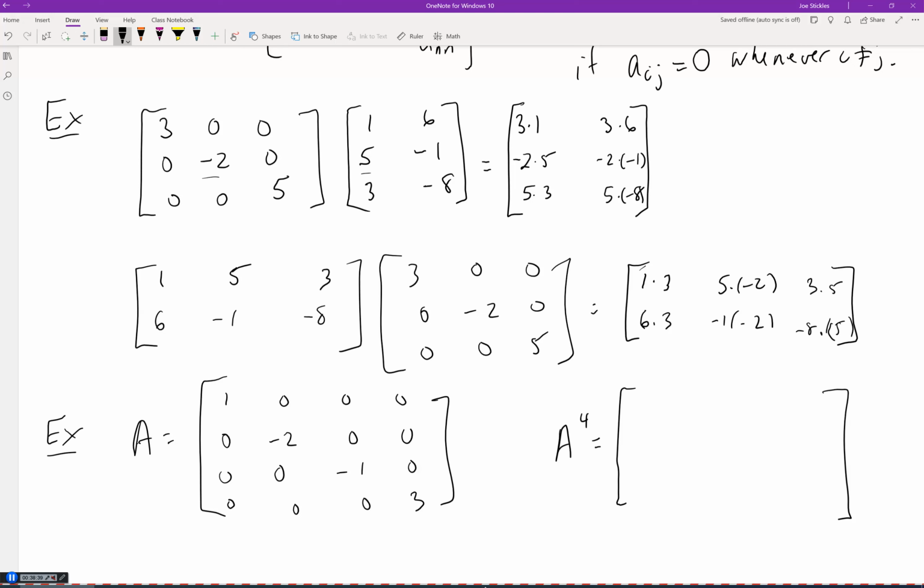So you just end up having to do powers of the diagonal. So this will be 1, 0, 0, 0, 0. What would you get? 16, 0, 0, because you get 2 to the 4th. You would get 0, 0, 1, 0, because -1 to the 4th is 1. And 0, 0, 0, 81. Notice that the power can just go down the diagonal. And again, it saves time.